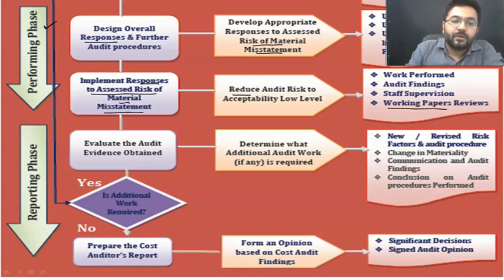After that, you are going to evaluate the audit evidence which you have obtained so far. You are going to find out whether it is sufficient to draw the conclusion itself, or whether any additional work is required. If that is required, that's great. You are going to perform them again. You are going to find out the responses. You are going to implement those responses.